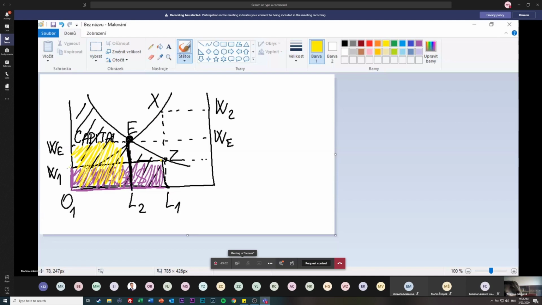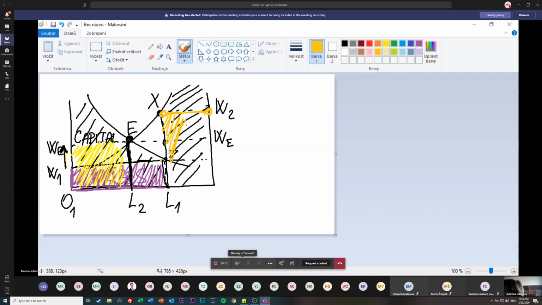Again, repetition. In the second country, I will use, for example, the orange one. So at first, let's do, this was GDP in the second country, finishing here. And for wages, there was this orange rectangle. This got wages, this orange rectangle.